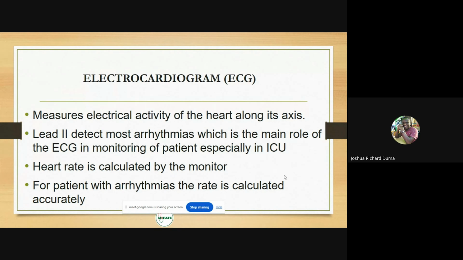Mr. James told us about monitoring. It's quite different when saying that the patient is on the monitor and monitoring the patient who is connected to a monitor. So how can ECG help us in guiding clinical decisions? It's all about real-time findings. Through ECG, you can get real-time findings.